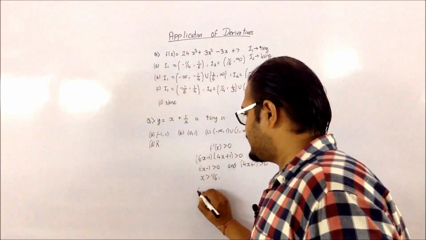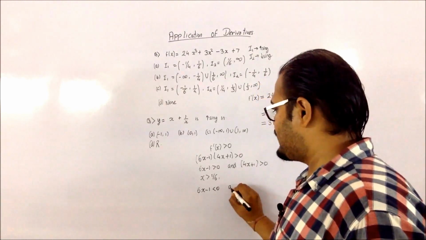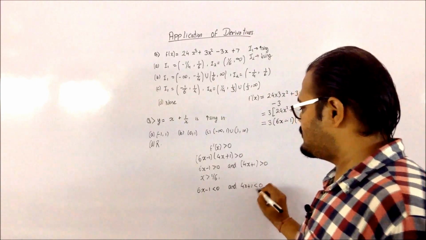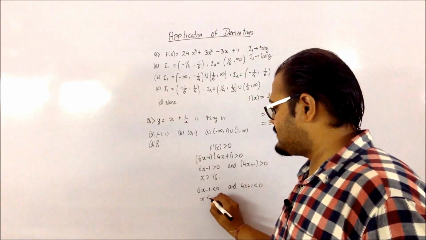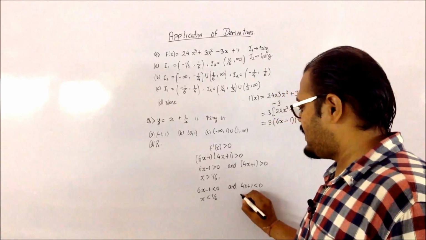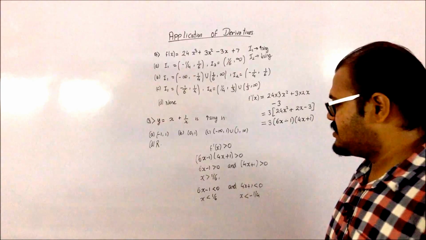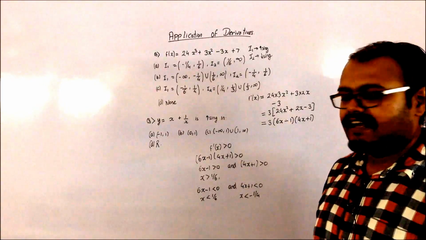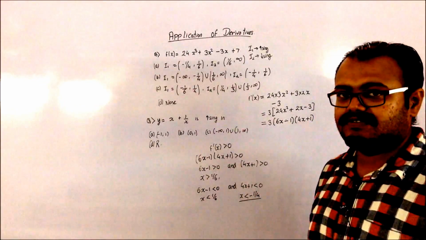So if both are negative, then 6x minus 1 will be less than 0 and 4x plus 1 will be less than 0. If you find the values, my x will be less than 1 by 6 and my x will be less than minus 1 by 4. If you again represent this on the number line, you will see that the common region is x less than minus 1 by 4.